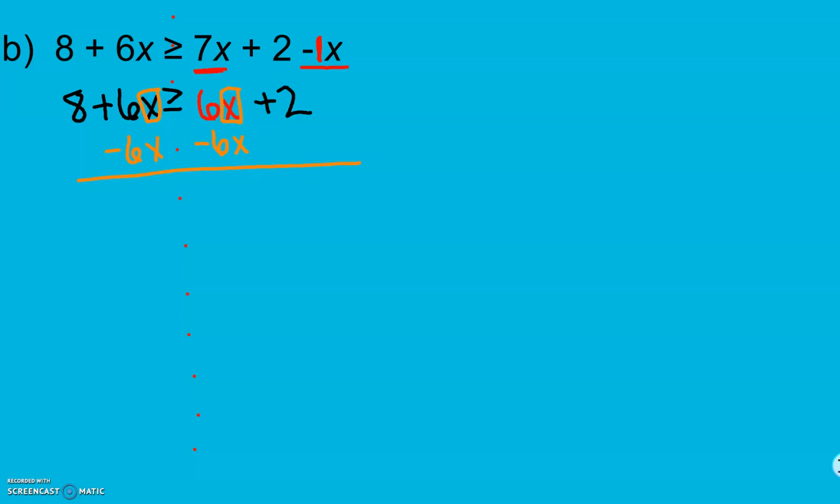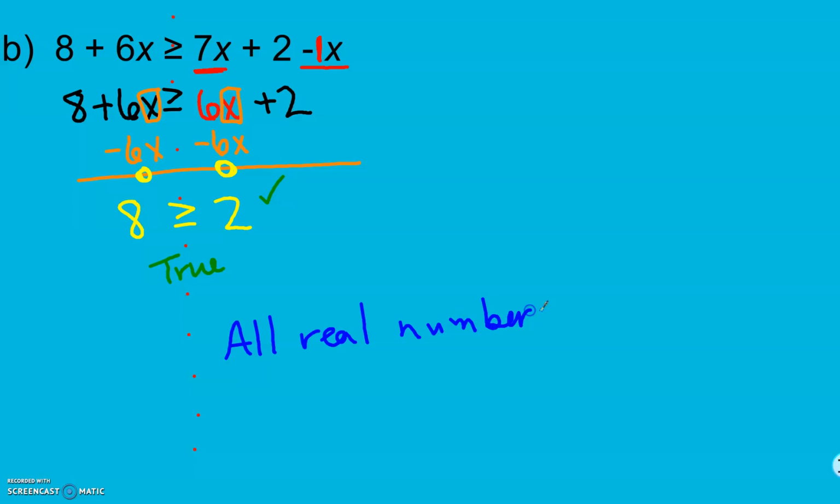Because 6 minus 6 gives me 0, so I have no x's left on that side. It also happens to give me 0 on my right side. So what I have left is 8 is greater than or equal to 2. That checks, that's true. So because it's true, our solution is all real numbers. Any number that you can think of, if you plugged it in there, would give us a true statement. And again, we can also use that symbol if you'd like.